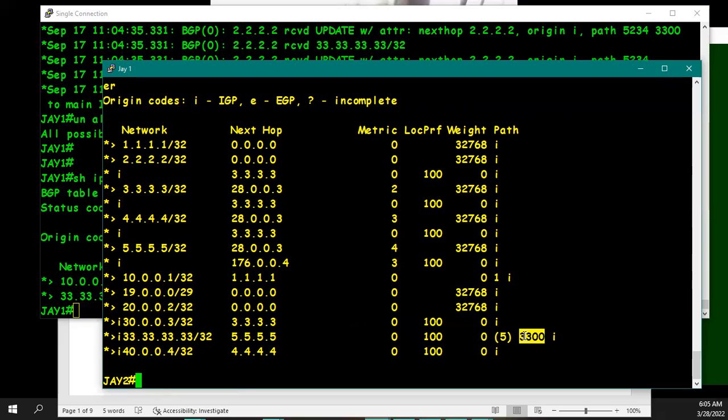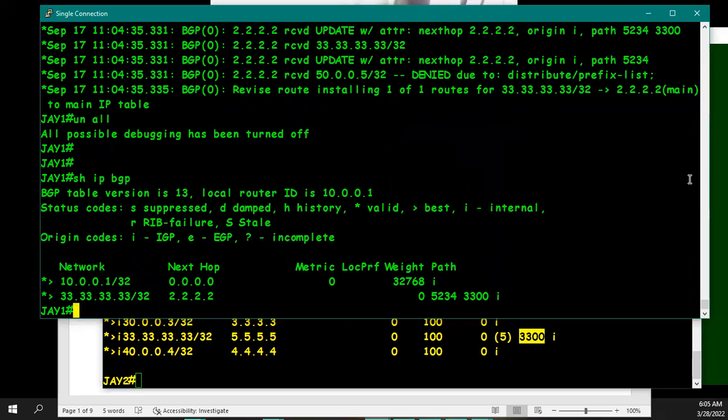But here, what we're talking about, we know this comes from autonomous system 3300. Now, remember when I told you external BGP speakers don't care about all the sub-autonomous systems? It just looks at it as one main system that it's connected to, 5234. It looks at it as a confederation as a whole.